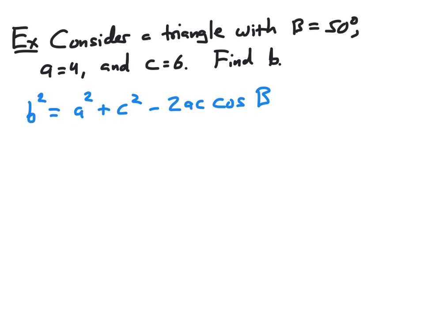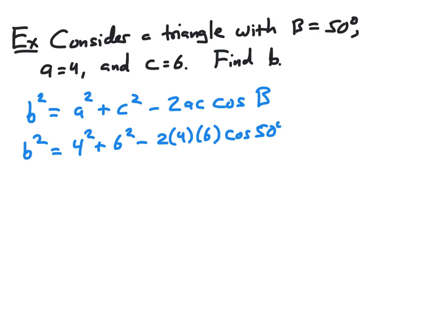Notice here that all of the unknowns on the right-hand side of this formula are given to us: side length a, side length c, and angle B. So we proceed just by substituting all of our values in. So we're going to have 4 squared plus 6 squared minus 2 times 4 times 6 times the cosine of 50 degrees.